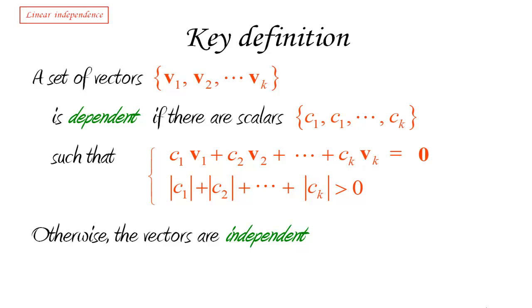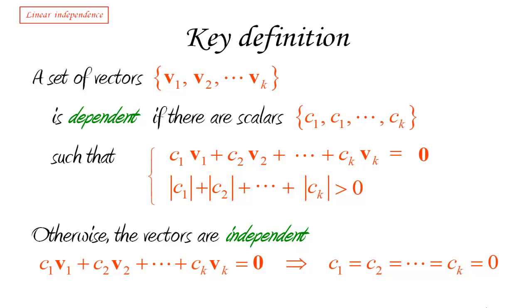Another definition of independent, which is sort of independent of the first one, is as follows. We're going to say that this set of vectors is independent if whenever I consider a linear combination of them all and I end up with the 0 vector, well, this is only possible if all of the coefficients are 0.